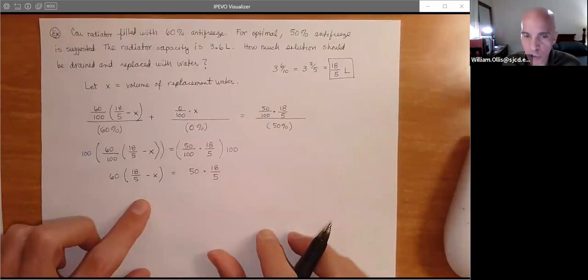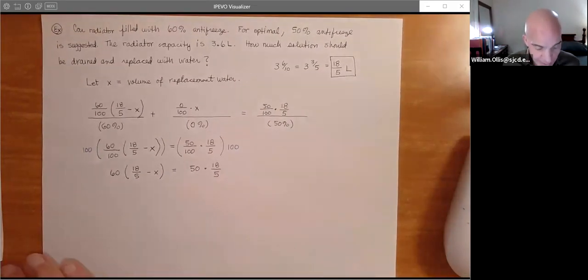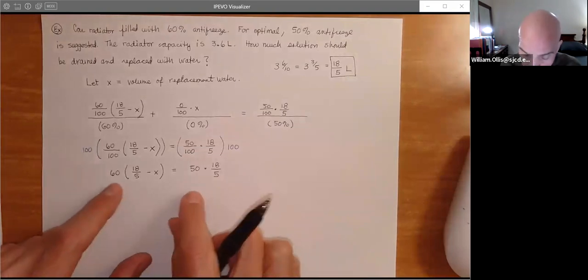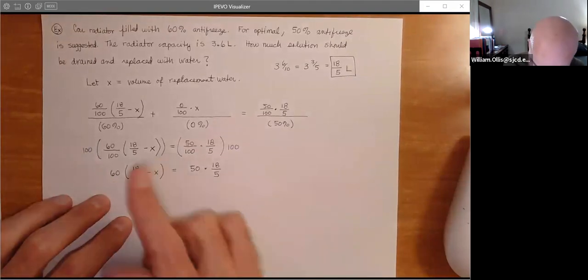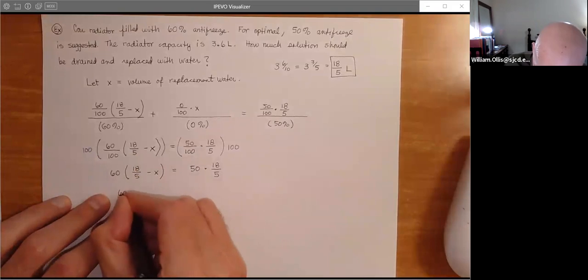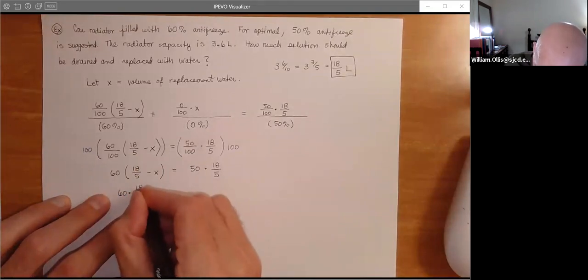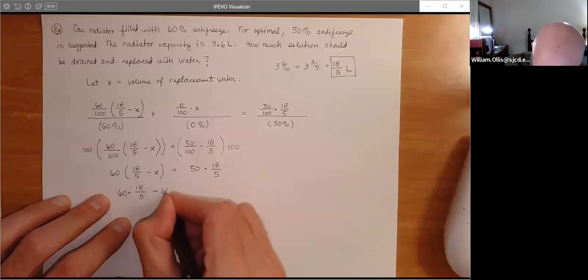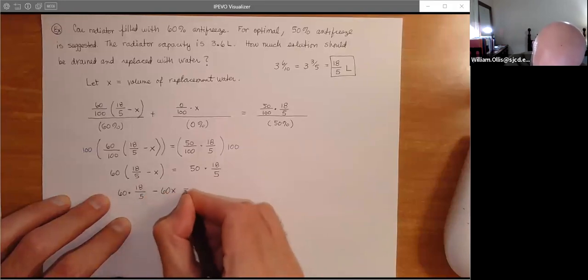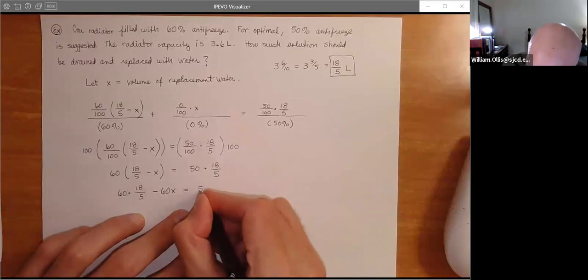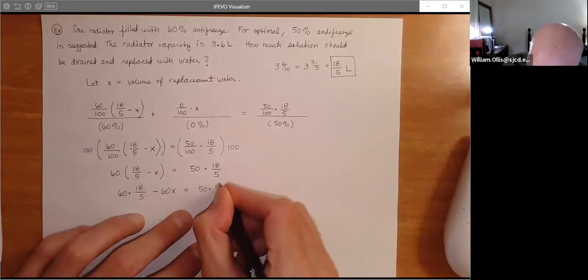Again, we're going to let the algebra do the work because we're lazy. Now notice here, we have a negative 60. So I'll just say 60 times 18 over 5 minus 60x equals 50 times 18 over 5.